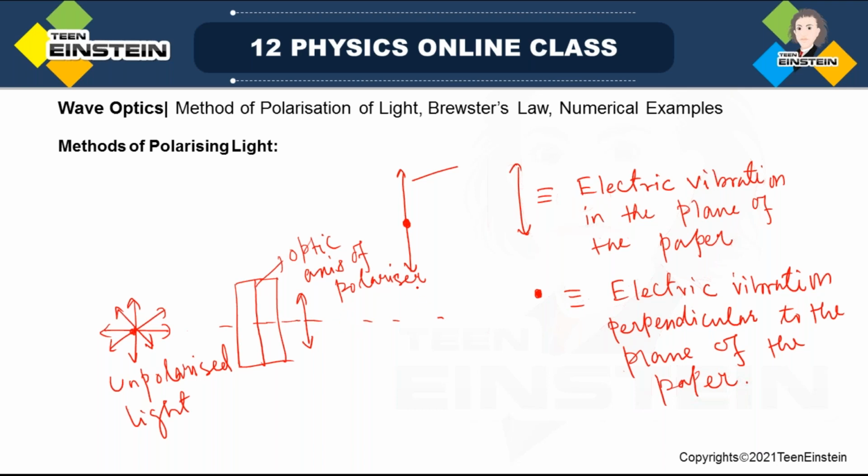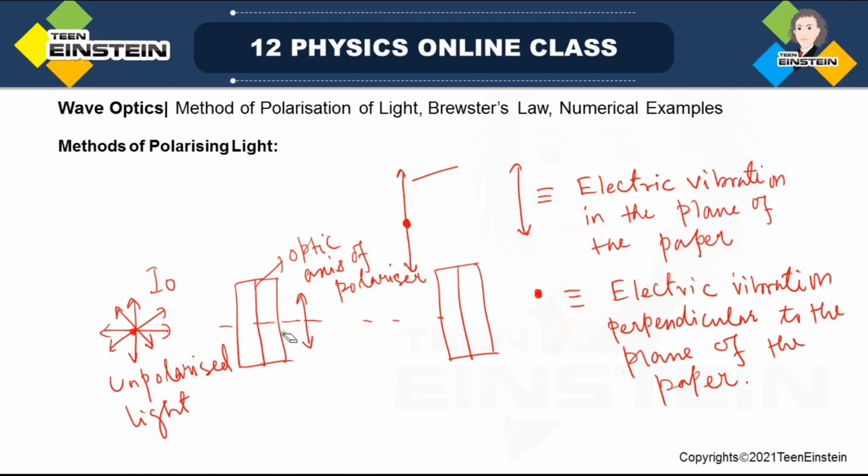Now if you keep another identical polarizer which has optic axis parallel to the same, suppose the intensity is I0, half of the vibrations are cut off, right? You may think of vibrations in the plane and out of the plane, perpendicular. These constitute the whole unpolarized light.